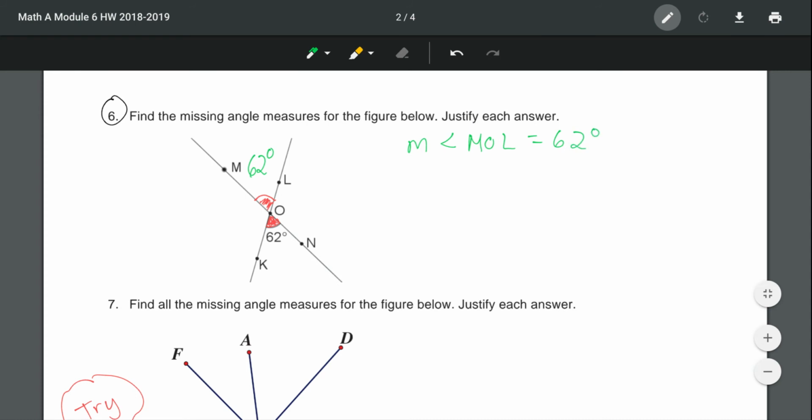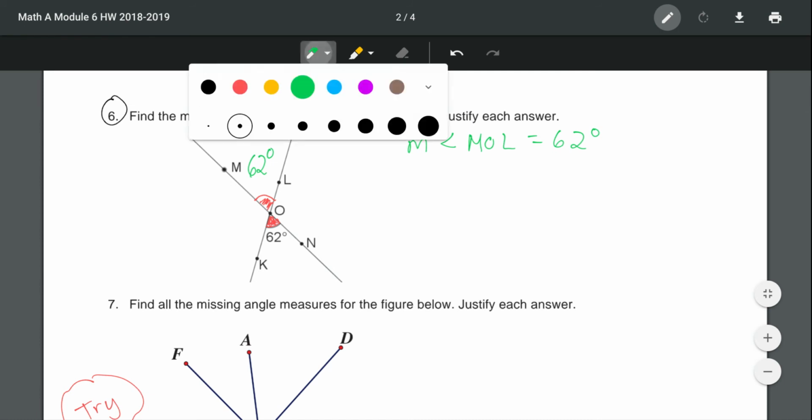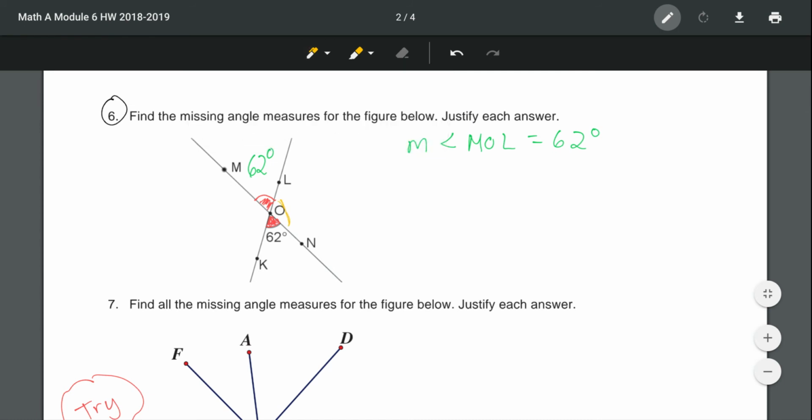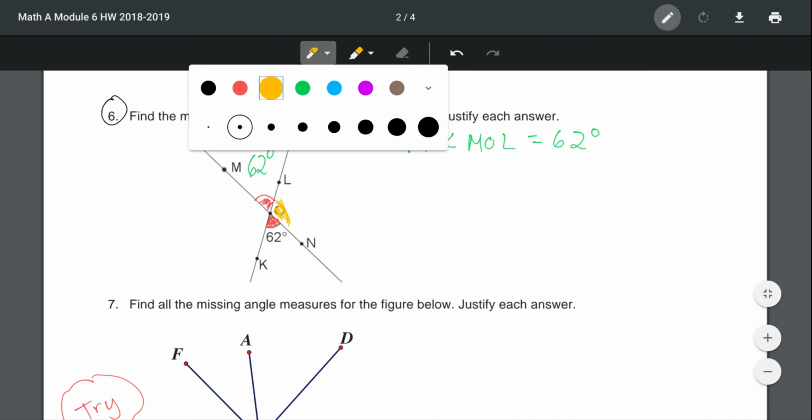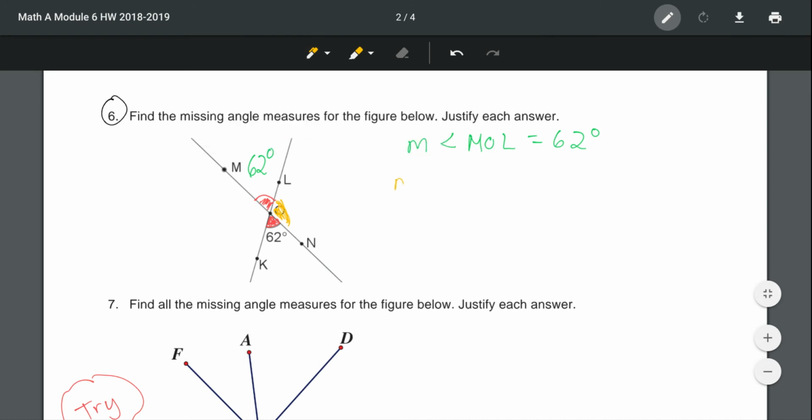Okay, now angle MOL and LON, I'm highlighting LON, those two are going to be supplementary because they form a straight line, or another word for that would be a linear pair. So the measure of angle LON would be 180 minus 62.